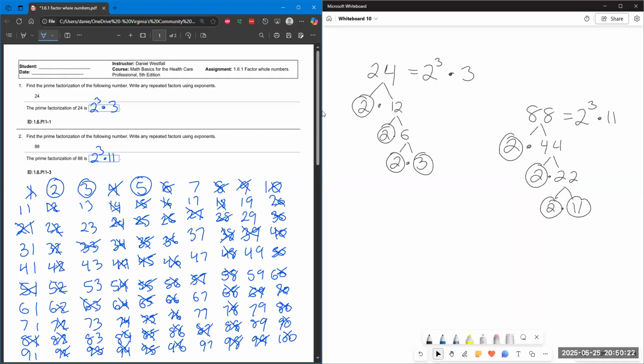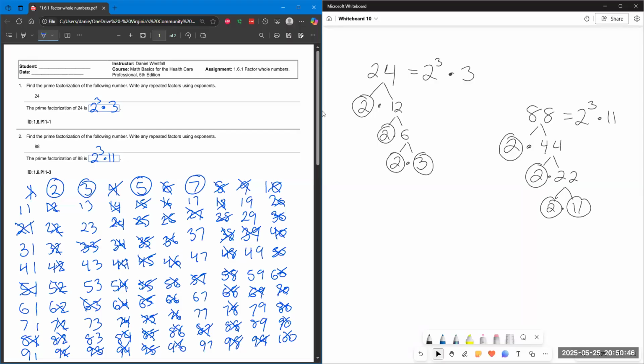Let's go back: divisibility by 3 is if the sum of the digits adds to a number divisible by 3, it's divisible by 3. Divisibility by 5 is if it ends in 5 or 0. There's no nice test for 7, but once we get done with 7, we're done with this row.